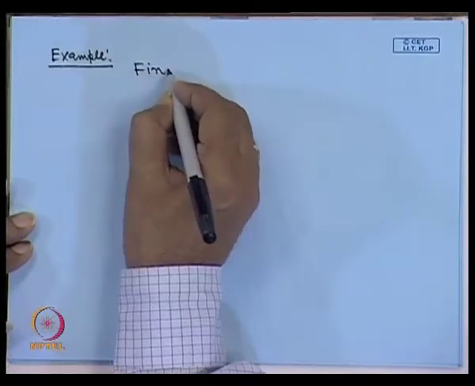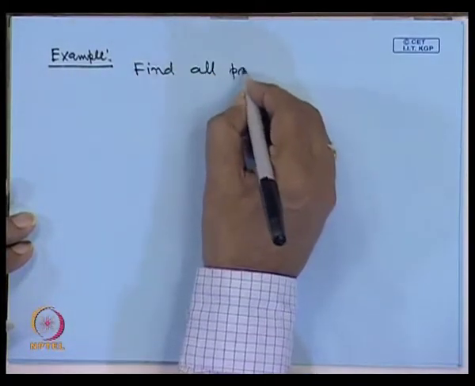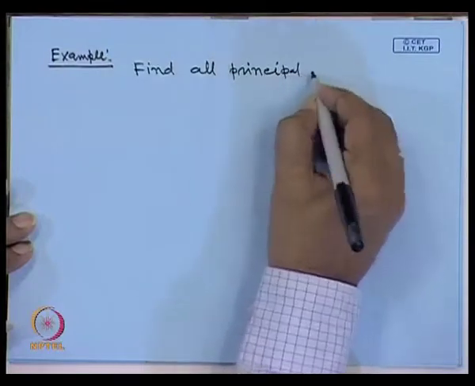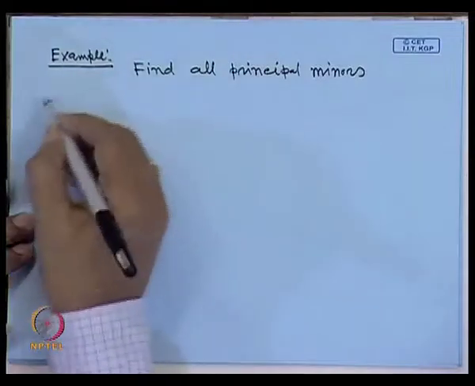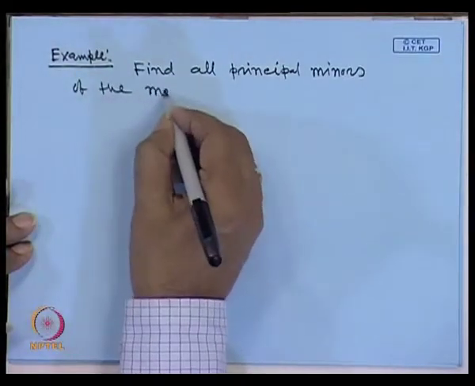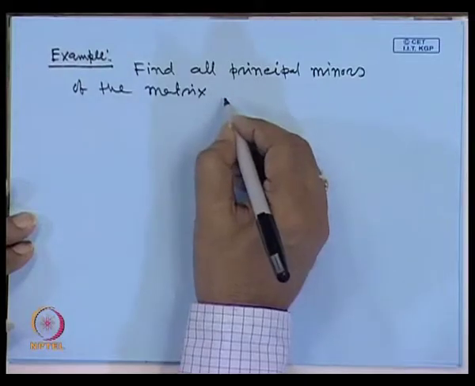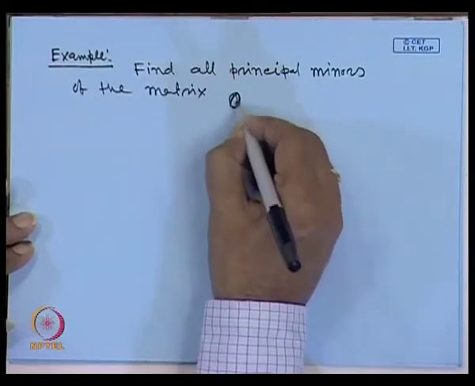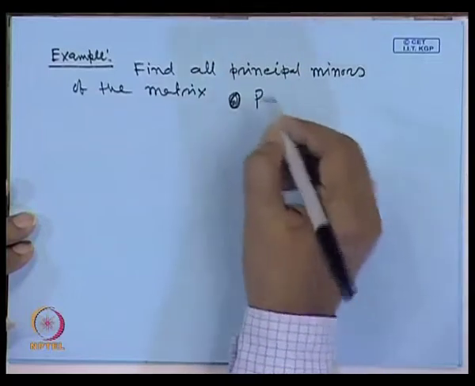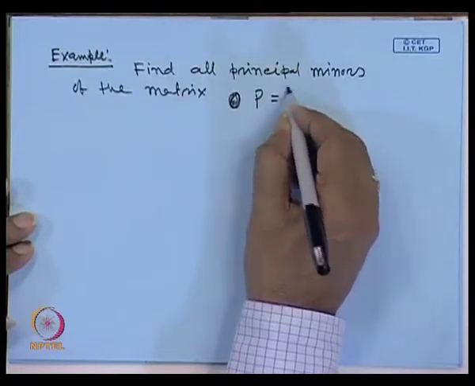Find all principal minors of the matrix, let us call it P. Let us call that matrix 1, 2, 3, 4, 5, 6, let us call this 2, agree, 6, 7, 8, 9.